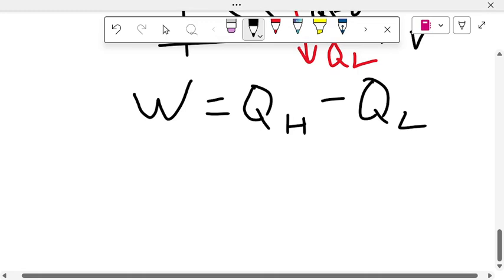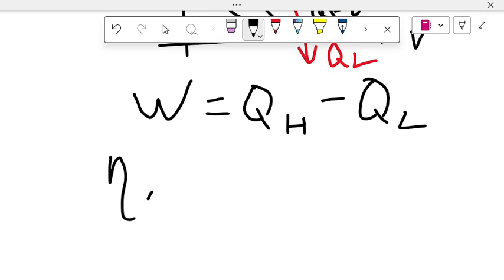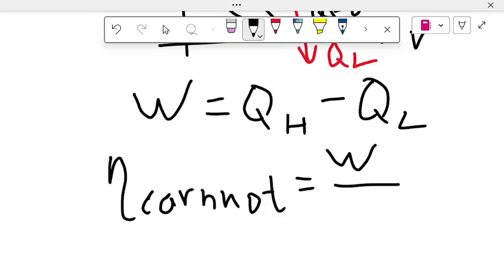efficiency is equal to work done divided by heat high.